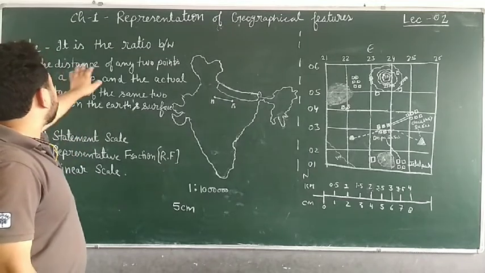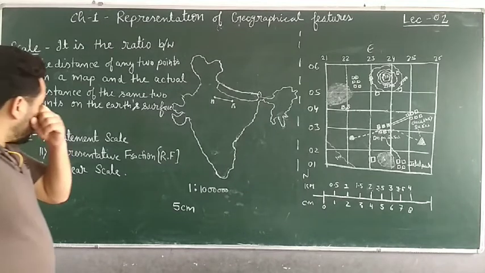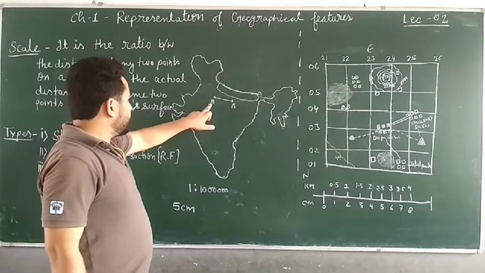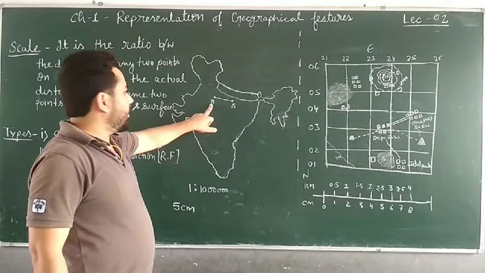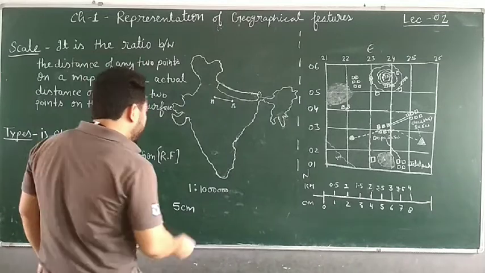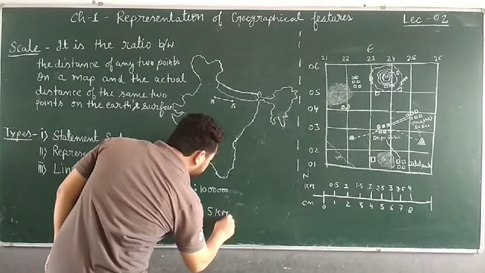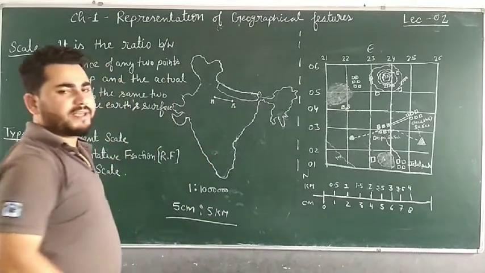First of all, the scale is a ratio between the distance of any two points on a map and the actual distance of the same two points on the earth's surface. This distance is 5 centimeter, and say the actual distance between these two points is 5 kilometer. So this is the scale.